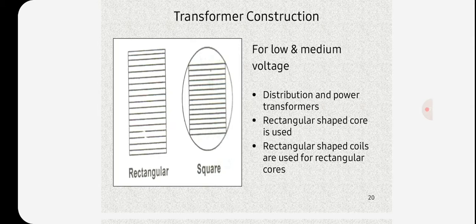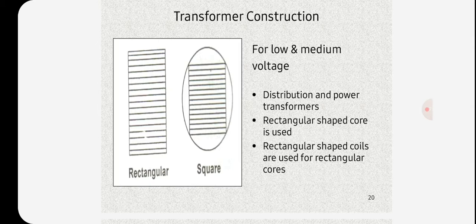The two windings are insulated from each other and from the core by paper, cloth or cooling ducts. Core type construction is used for high voltage, high power transformers.